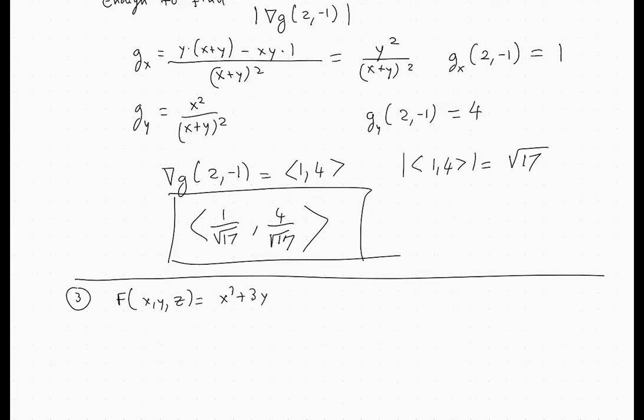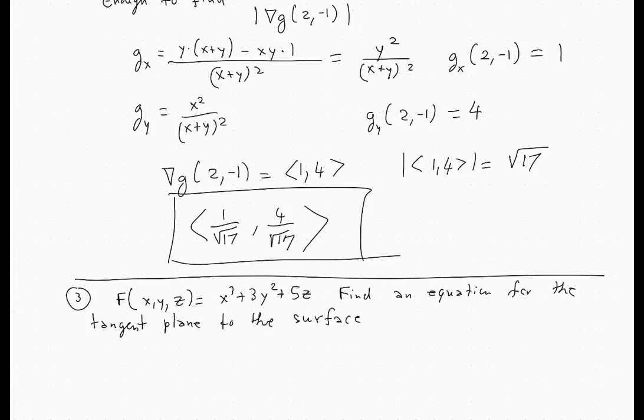So find an equation for the tangent plane to the surface. That will be a level surface for the function that we just gave, corresponding to the value 1 at the point 2, negative 1, negative 2.